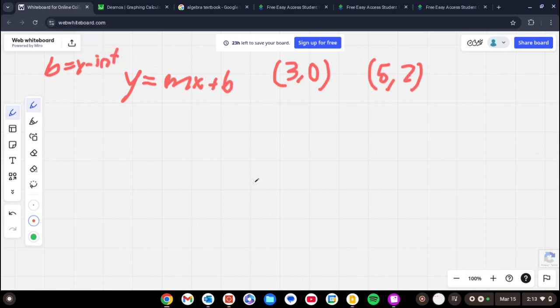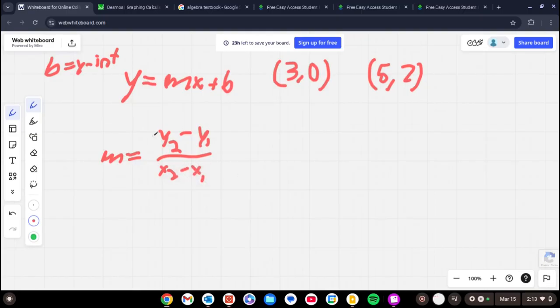So to find the slope, we have to find what m equals. This is found using a formula: the final term of y minus the initial term of y over the final term of x minus the initial term of x.